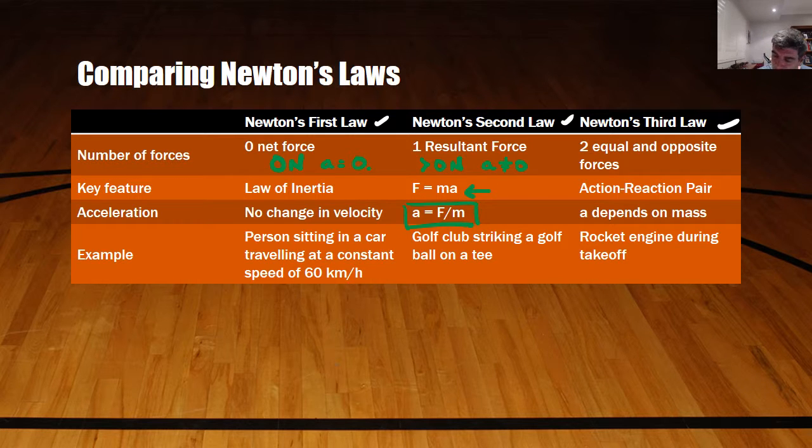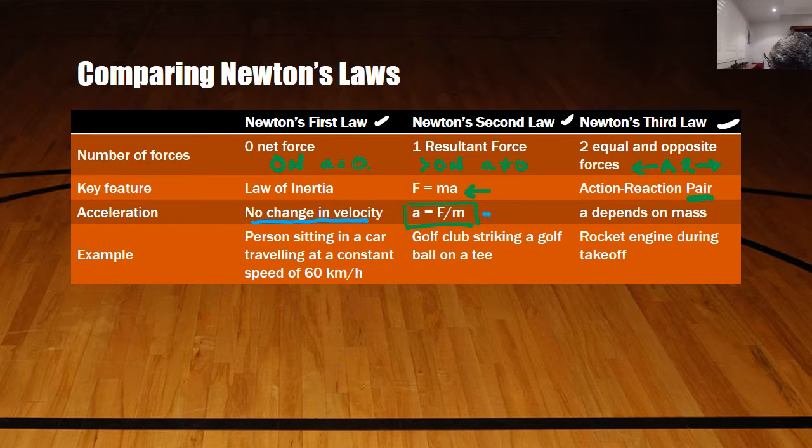And then in the third situation, we have two forces, and they are equal and opposite. So we have an action and a reaction pair that are exerting equal and opposite forces on two different objects, and that's why they are a pair. The important thing is that in the first one we have no change in velocity.